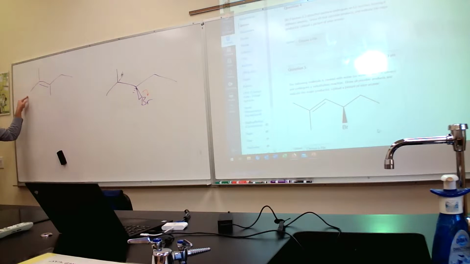Those 2 methyls are identical, right? So it doesn't matter which one is where, because if we switch them, we get the exact same molecule.